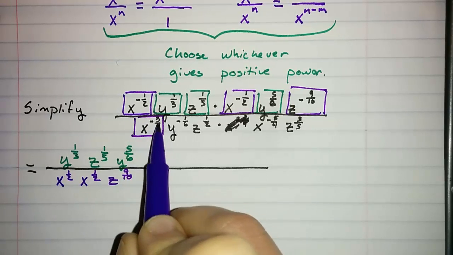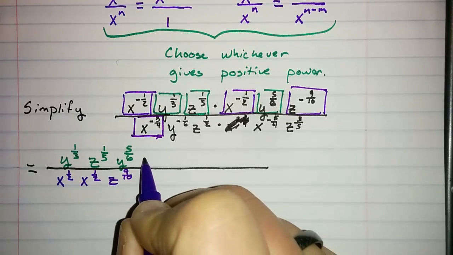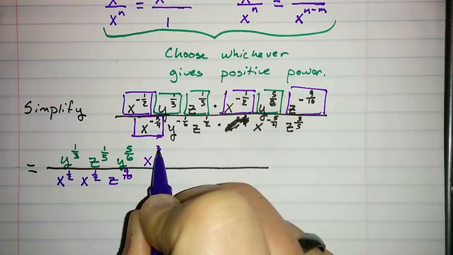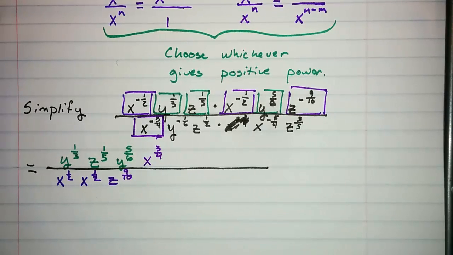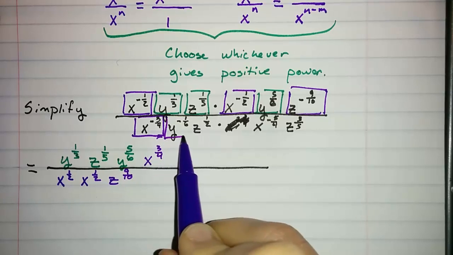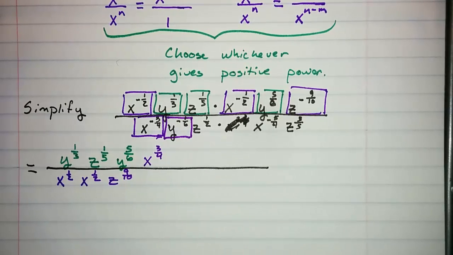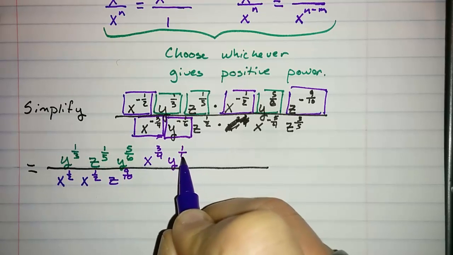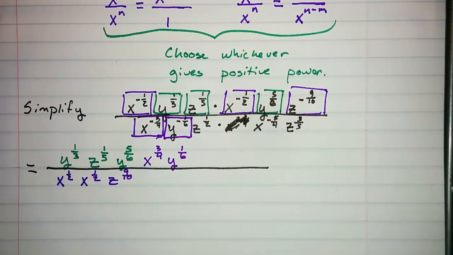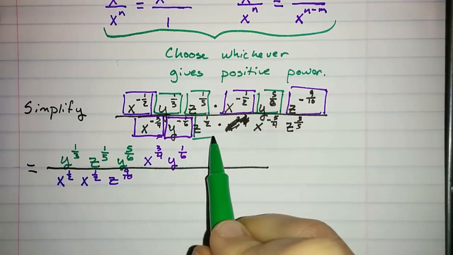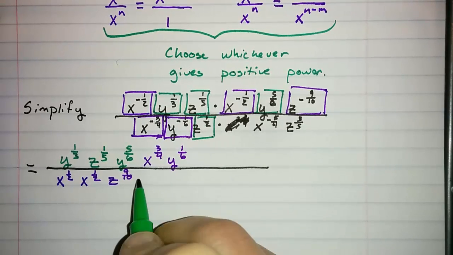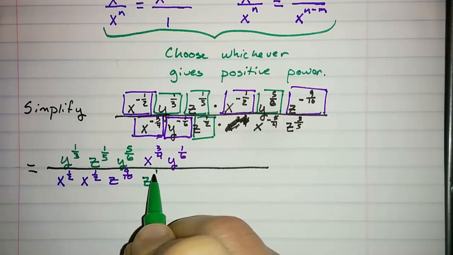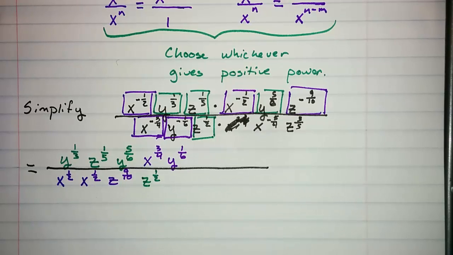X to the negative 3/4 in the denominator becomes x to the positive 3/4 in the numerator. Y to the negative 1/6 in the denominator becomes y to the positive 1/6 in the numerator. Z to the positive 1/2 in the denominator stays z to the positive 1/2 in the denominator.